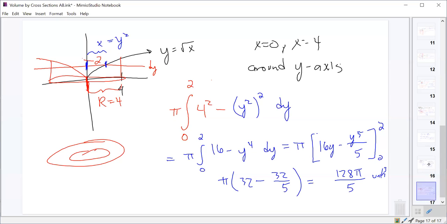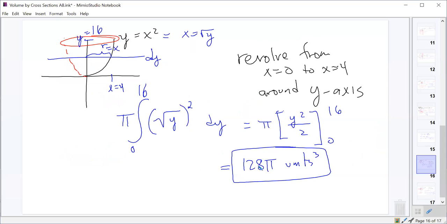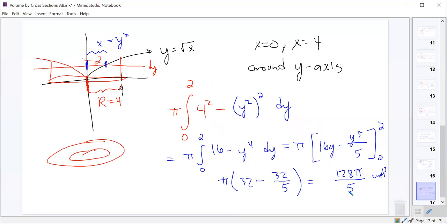Not quite the same, right? This one was 128 pi, so 128 pi over 5. If we had gone from x equals 0 to x equals 16 here, we would have got the exact same value. We would have got 128 pi.